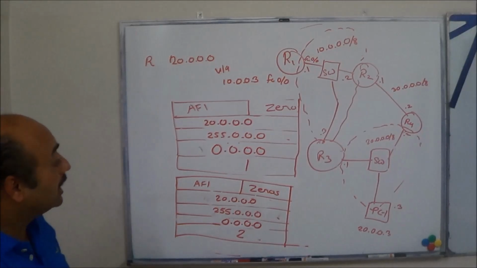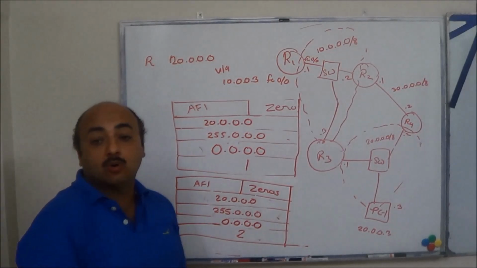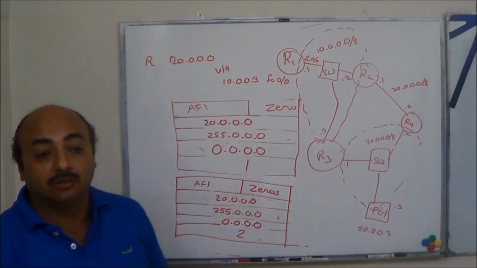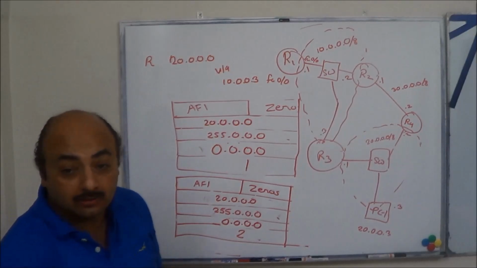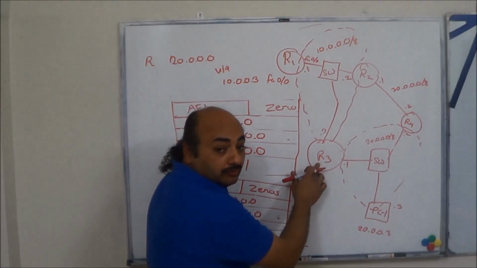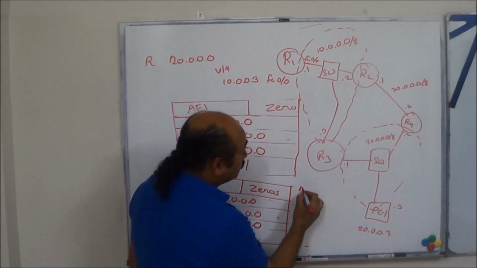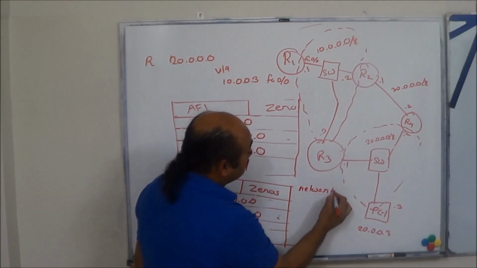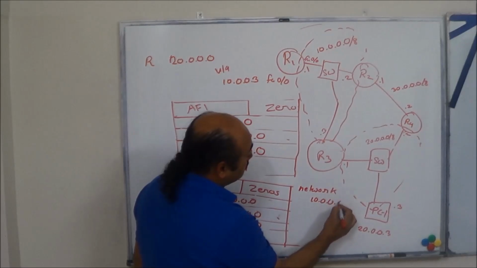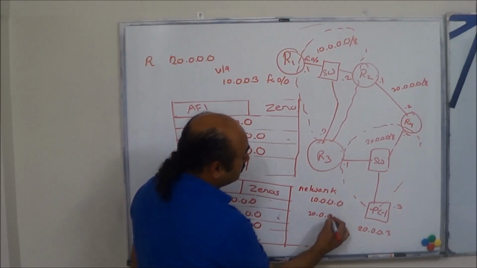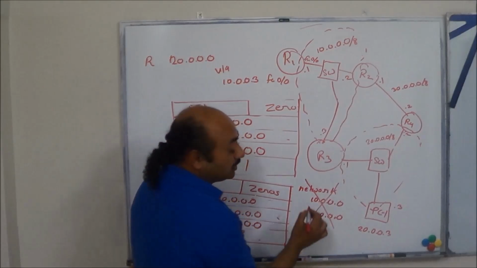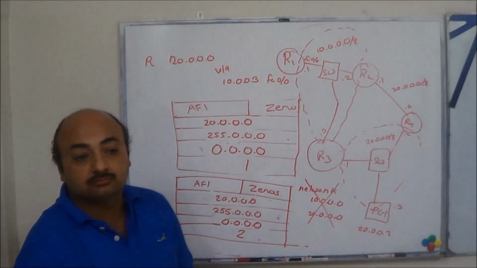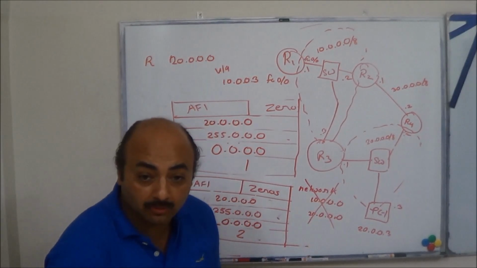Ideally. Now imagine that somehow R3 is not running RIP. So for this to run RIP, what were we required to do? We had to give 2 statements, but we are not doing this. We are not running RIP on it.